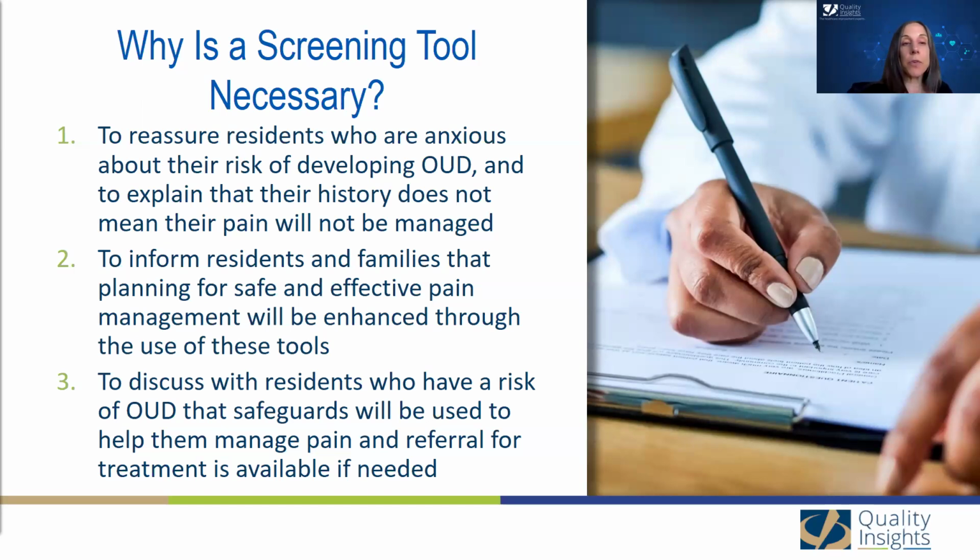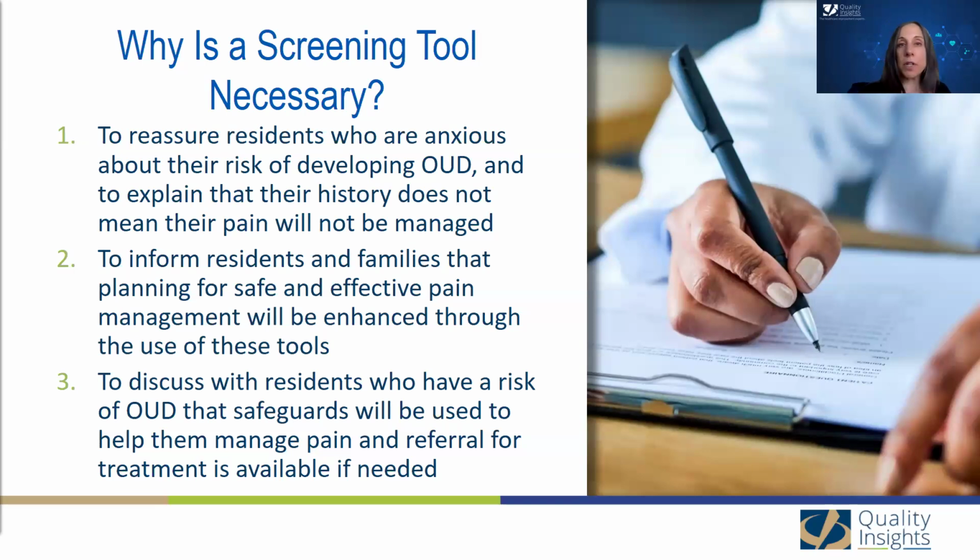It's really important to inform residents and families. So we are planning for safe and effective pain management, letting families and residents know. A family might think their loved one is at risk of developing opioid use disorder, and they're at low risk. So, it's important to communicate that. Or they might think the resident doesn't have a risk at all, and the resident might be high risk.